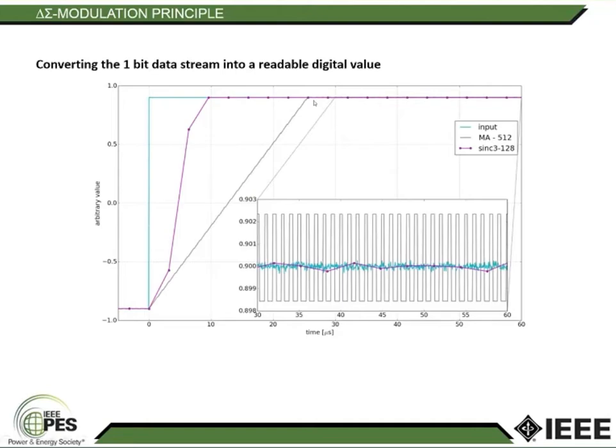Going further down the time axis here, you can see we did a zoomed in window, and we overlaid this rising edge current with a more or less realistic noise, the turquoise line. Now, looking at the mean average, we chose a mean average with an oversampling rate of 512, so it's 512 values.